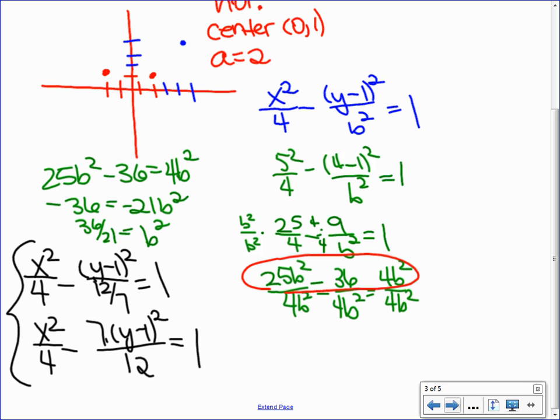I'll accept either one. I can be flexible. Biggest thing, if I give you something to graph that looks like this second one down here, you need to acknowledge the fact that it's the same as b squared being 12 over 7. Okay? So make sure you know how to get from one to the other if you have to identify b.